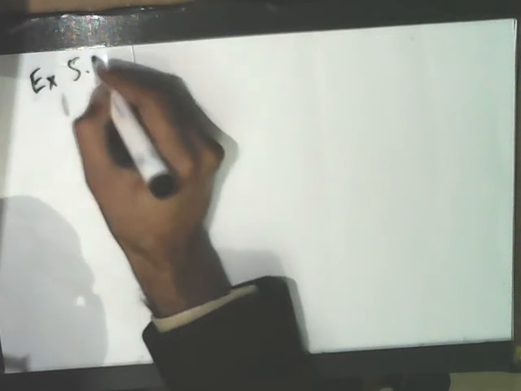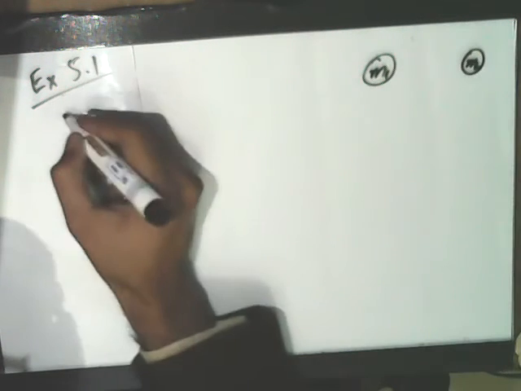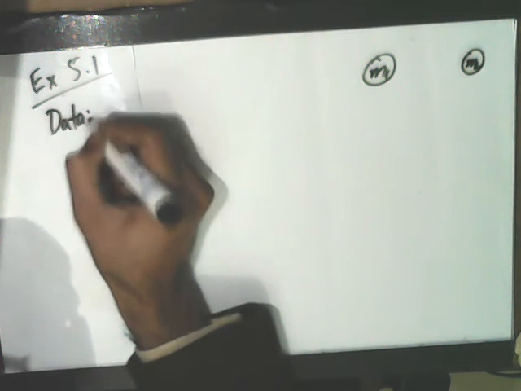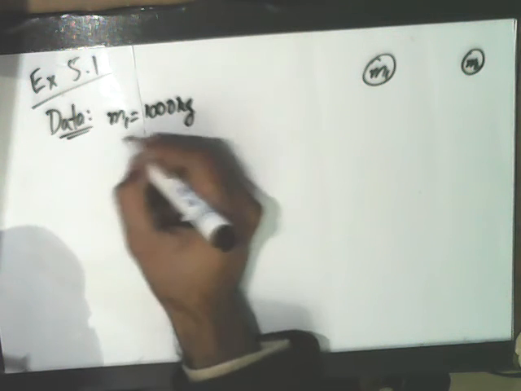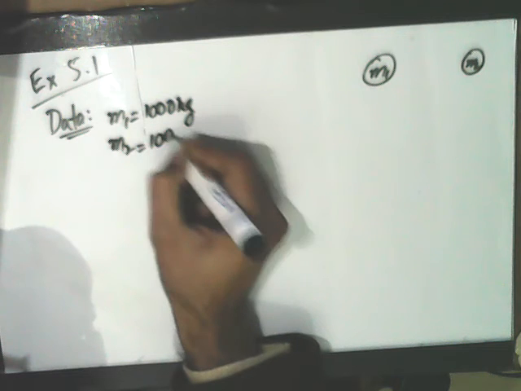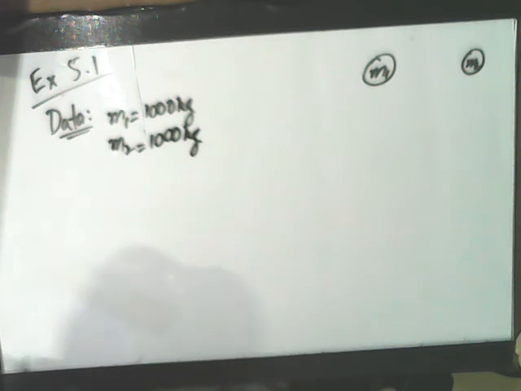The first example is example 5.1. It states that two lead spheres of masses 1000 kilograms, let's say this is M1, this is M2, their masses. Let's write the data. M1 is equal to 1000 kilograms, and M2 is also 1000 kilograms.